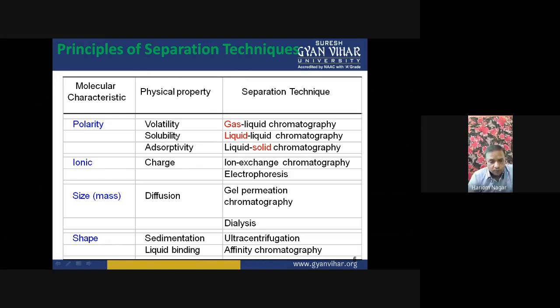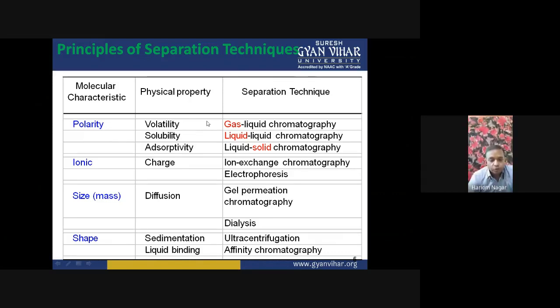If the volatility of the component is affected by polarity, then the separation technique based on volatility is gas liquid chromatography, where gas is the mobile phase and liquid is the stationary phase. Suppose we have a mixture in which two components are present, one with more volatility.